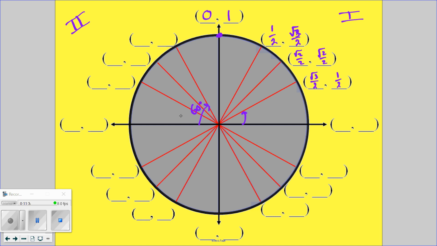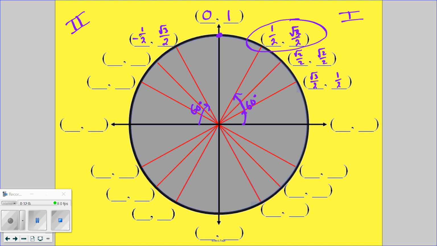But if I'm 60 degrees off the x-axis, that means I'm going to have the same coordinate points as 60 degrees off the x-axis in any direction. So my 60-degree coordinates in quadrant 1 match the 60-degree coordinates from quadrant 2, so the x is 1/2 and the y is radical 3 over 2. But now I have to make the adjustment that I'm in the second quadrant where x's are negative.